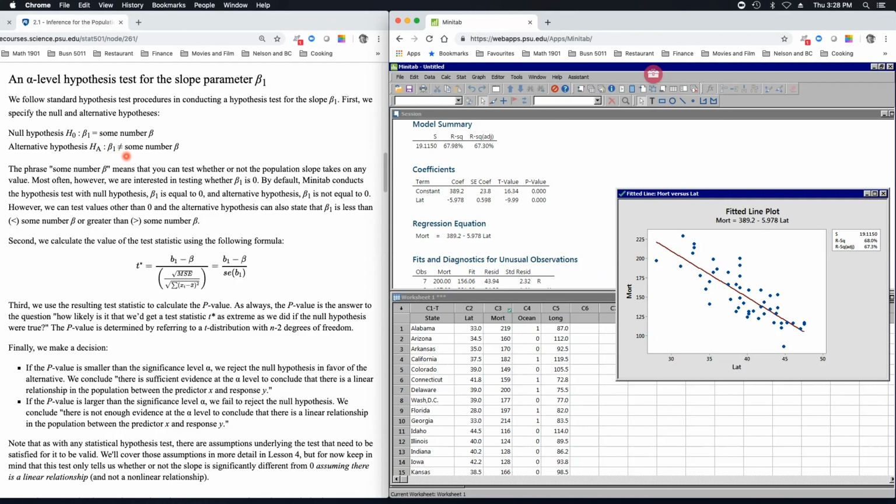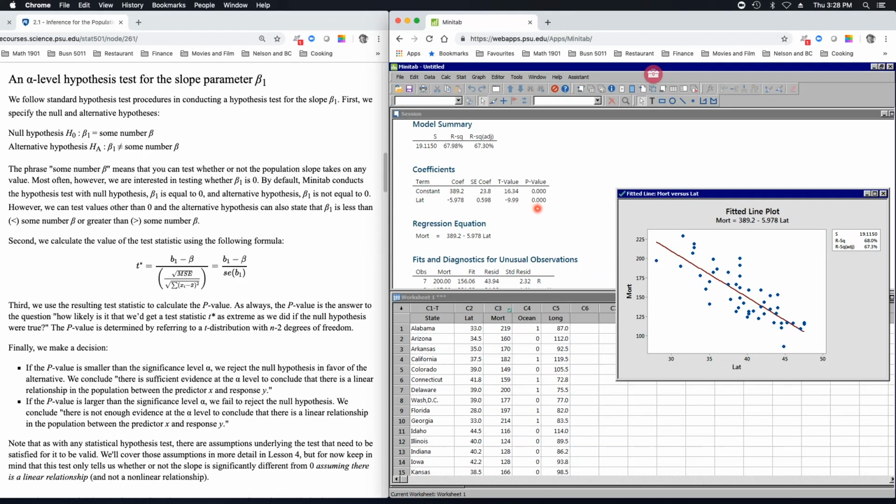And our test statistic will be exactly the same, minus 9.99. But now our p-value would just be the tail area to the left of minus 9.99. We wouldn't add on the tail area to the right of plus 9.99. We're only interested in the left tail when we're doing a lower tail test.